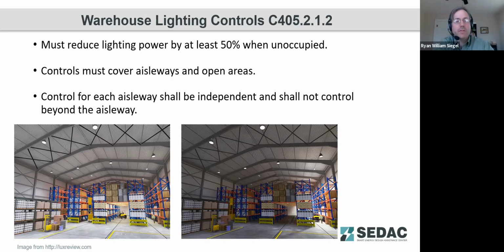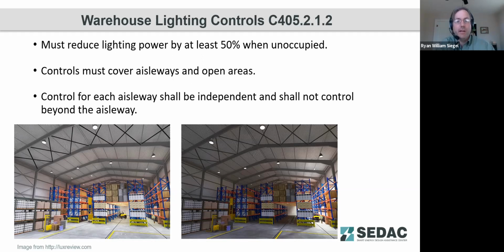First being warehouse storage areas, second being open plan offices, and third being anywhere else that has occupant sensing devices. Starting in the warehouses, the code requires that the lighting power has to be reduced by at least 50% when the aisleway or the open area control zone is unoccupied.